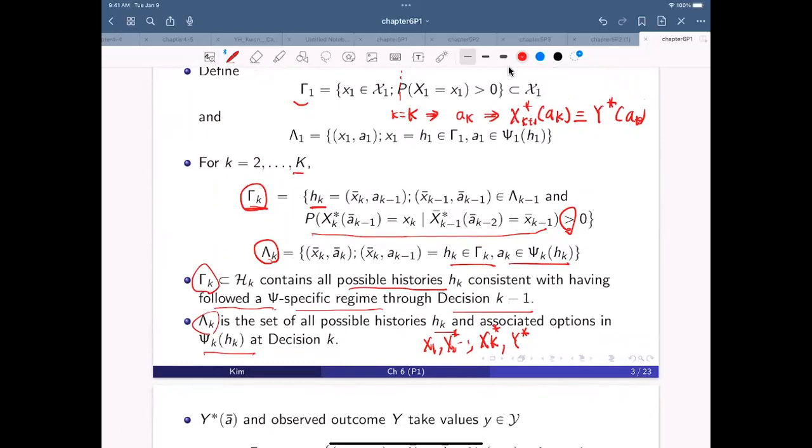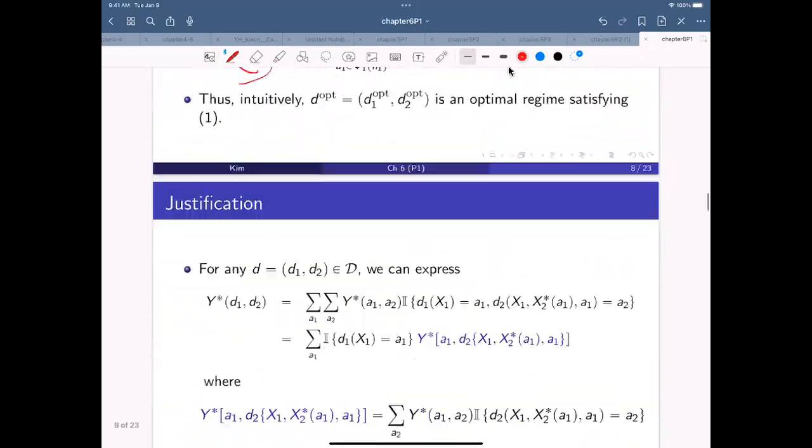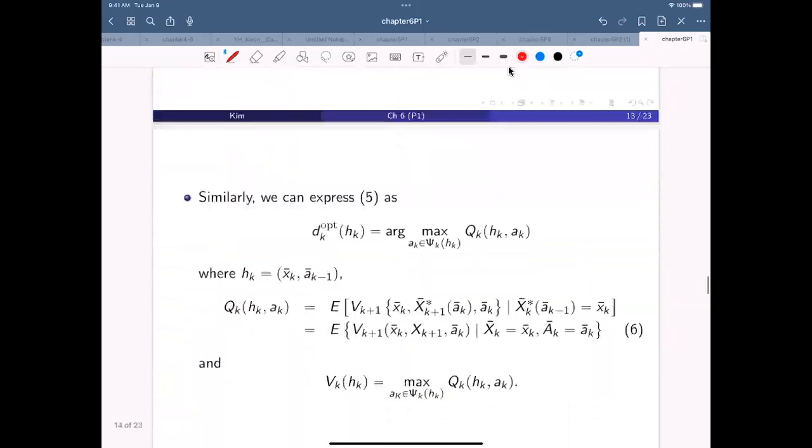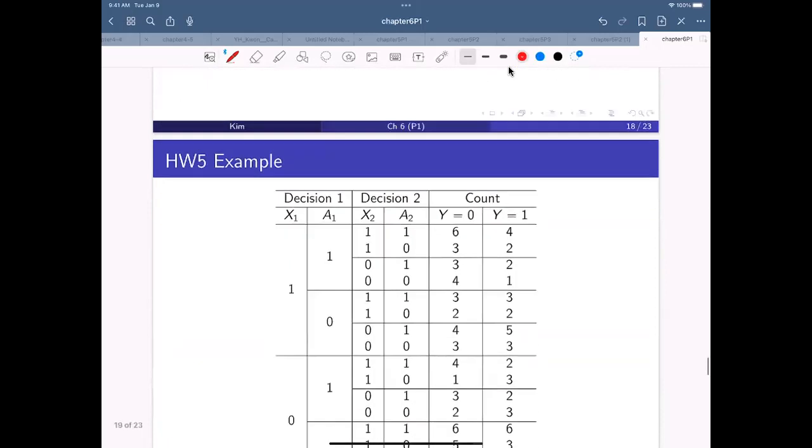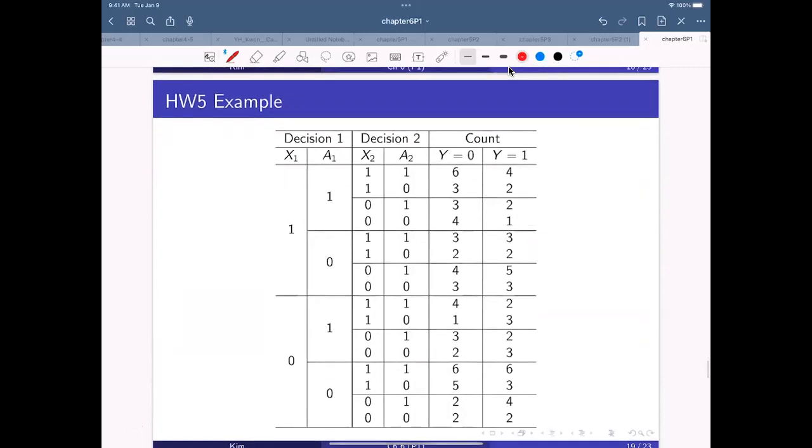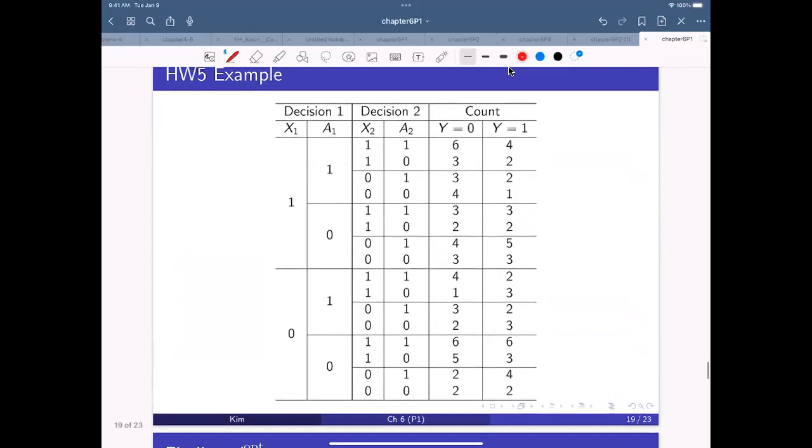Let's probably go to this example. This is the homework 5 example. You probably already submitted it.